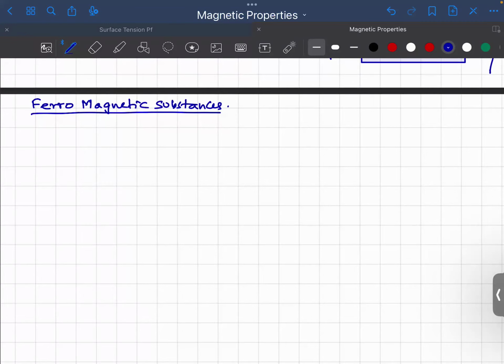So what are these substances? They are strongly attracted by magnets.